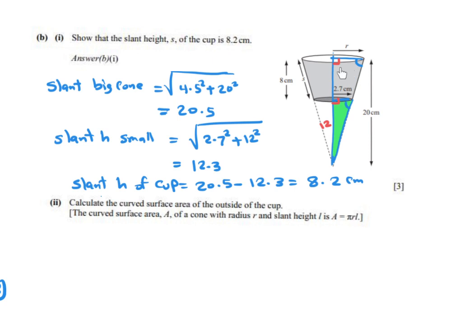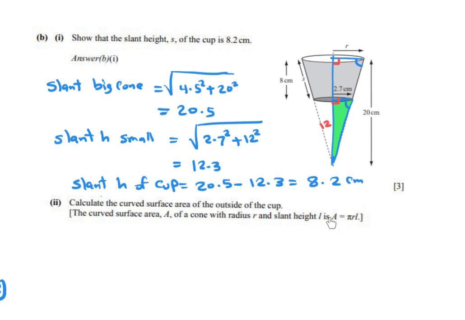So to find the curved surface area of the outside of the cup, we don't have a special rule for the cup, so we can find the curved surface area for the big cone minus the curved surface area for the small cone, then we get the curved surface area for the cup.